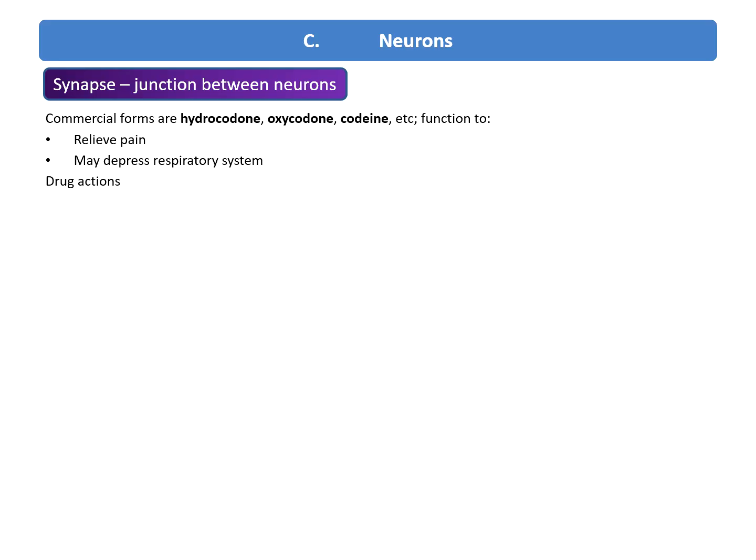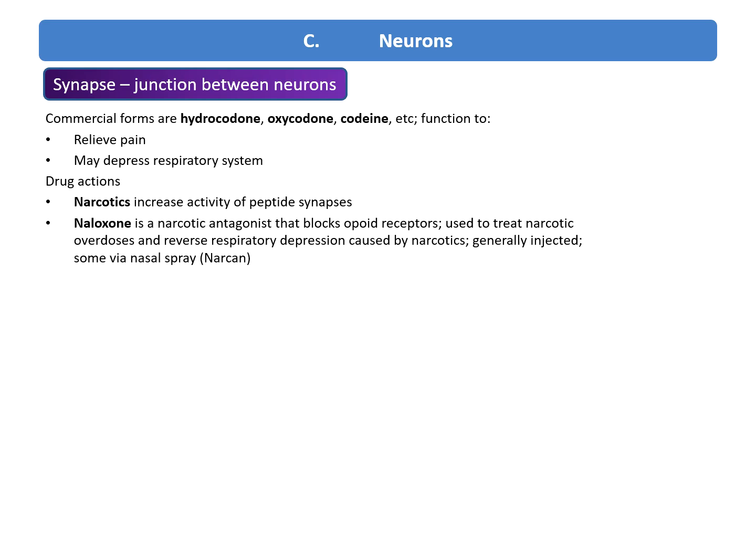Drug actions on these synapses include narcotics. They increase the activity of peptide synapses. Naloxone is a narcotic antagonist that blocks opioid receptors. It's used to treat narcotic overdose and reverse respiratory depression caused by narcotics. Generally, it's injected. Some is administered by a nasal spray, such as Narcan.